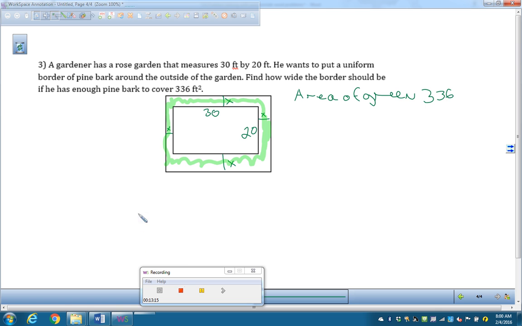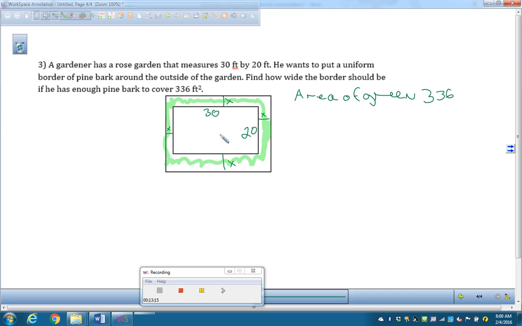But how can I find an algebraic expression? Can anyone come up with an algebraic expression that would give you the area of the green part? Go ahead, Jessica. You calculate the area of the total rectangle minus the area of the inside rectangle. Exactly. So it'll be the area of the outside rectangle minus the area of the inside rectangle.